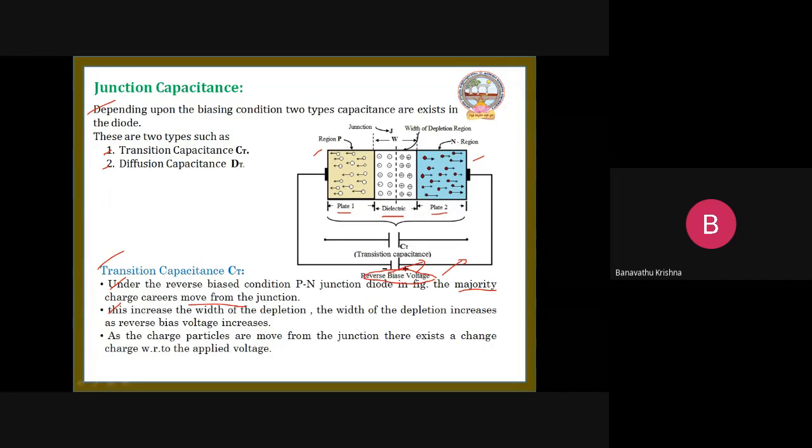Automatically the charge carrier concentration, such as majority charge carriers in these regions, also changes. That is nothing but change in charge with respect to change in voltage. So this change in charge occurs with respect to this applied voltage, nothing but a capacitive effect exists.